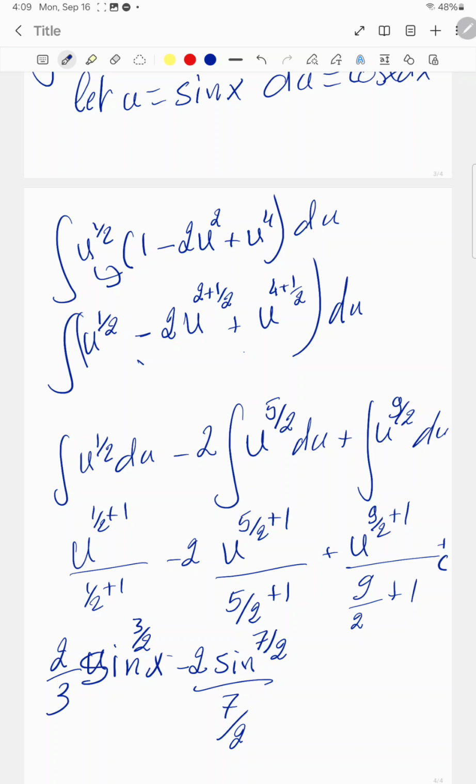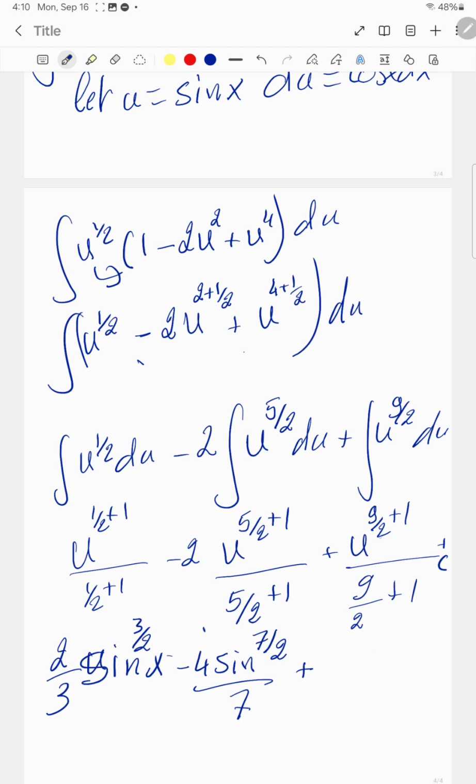So this becomes multiplication, but I have to flip it. It becomes 4 over 7, because I have the 2 here times this 2 here is 4. So let's do it right away. So minus 4 divided by 7 sine, or square root of sine, to the power of 7. You can write it like this.